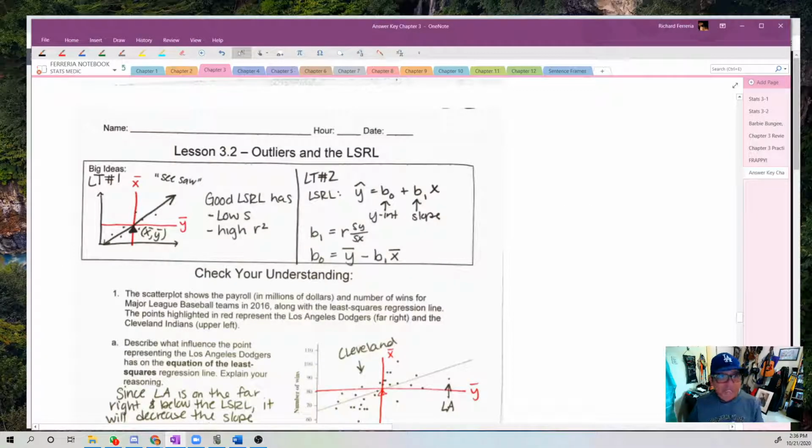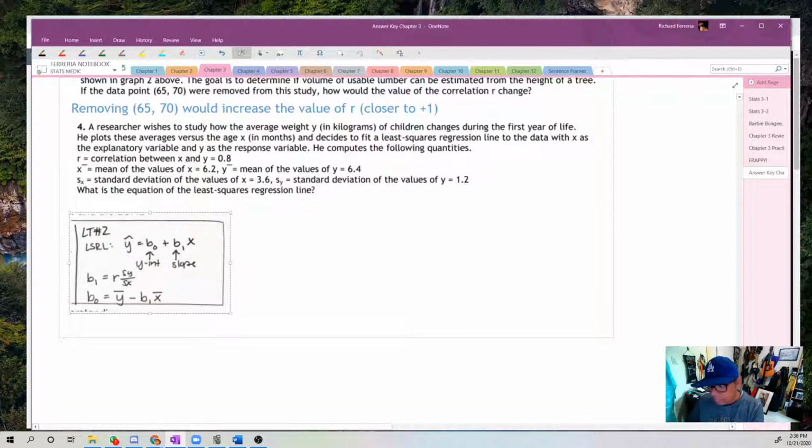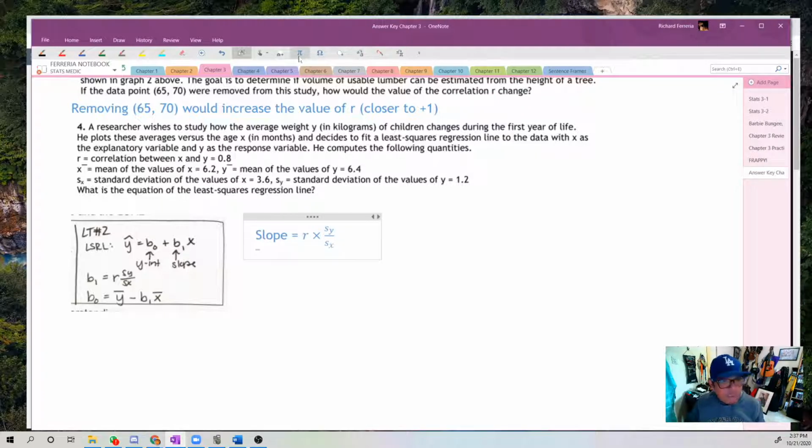Lucky for us, we actually had the equation of the regression line in one of our big ideas boxes. It's right over here, 3.2 day 4. If I literally copy and paste that over, now I can start working on the equation. The first thing we're going to look at is always slope. So slope is equal to r times sy over sx.